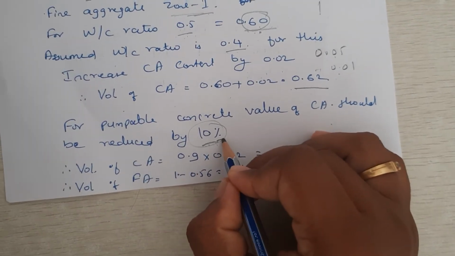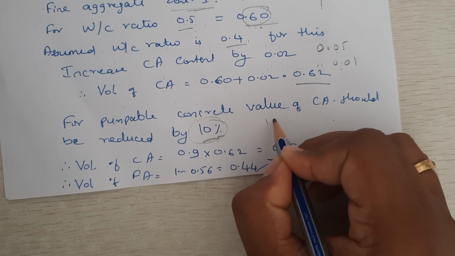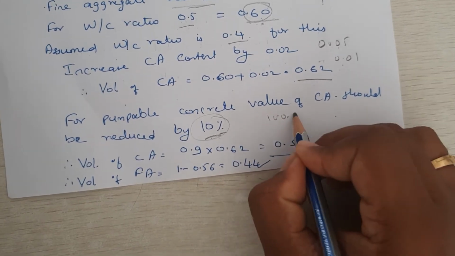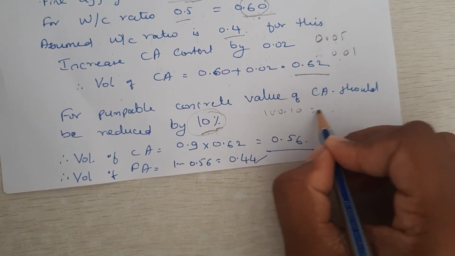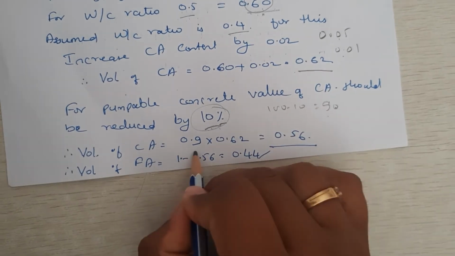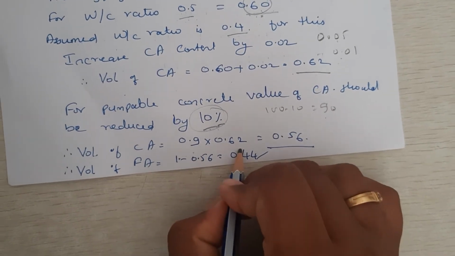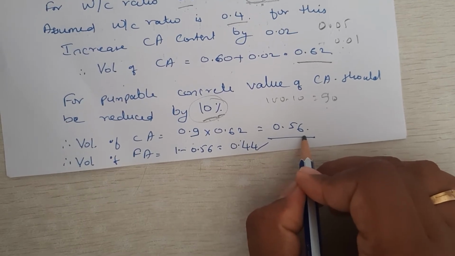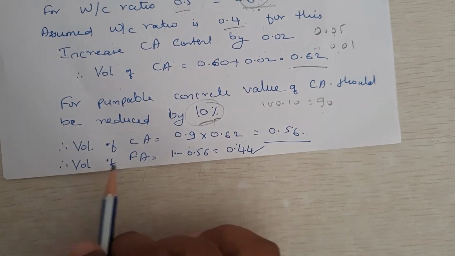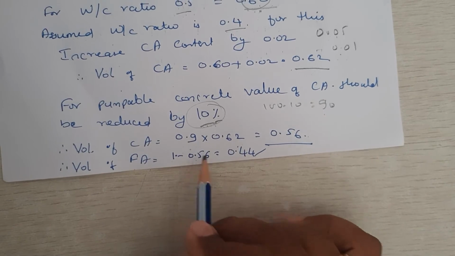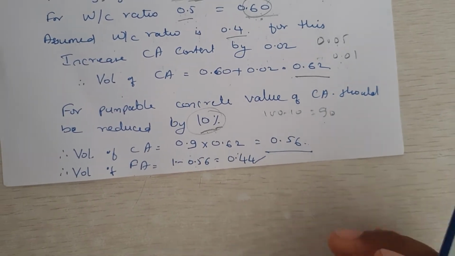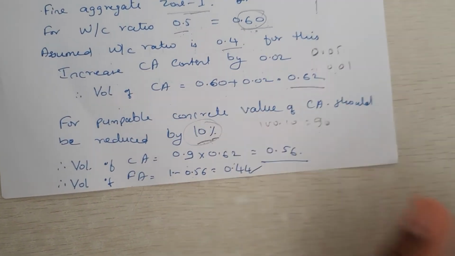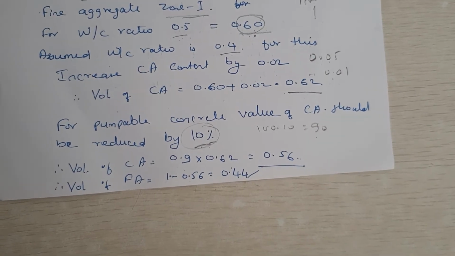Because I am reducing it by 10%, from 100% to 90%. So the remaining value is 90% of 0.62, which becomes 0.56. Similarly, the volume of the fine aggregate is 1 minus 0.56, which is 0.44.